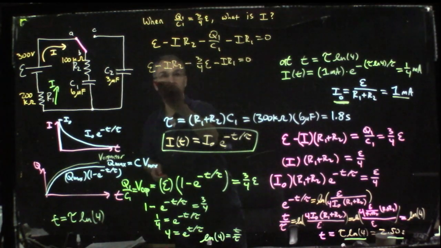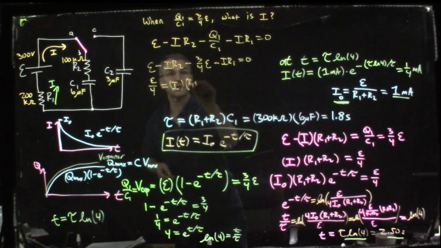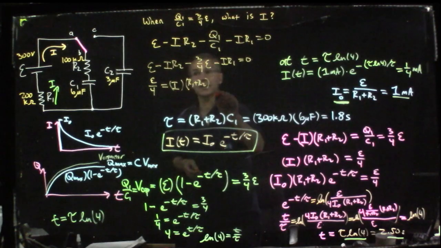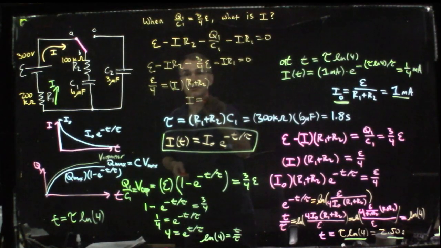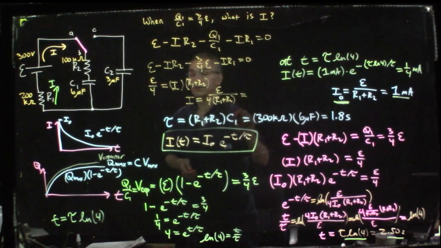So this is battery EMF over 4 equals the desired current times R1 plus R2. So that gives us that the desired current we're trying to solve for is the battery EMF divided by 4 times R1 plus R2.